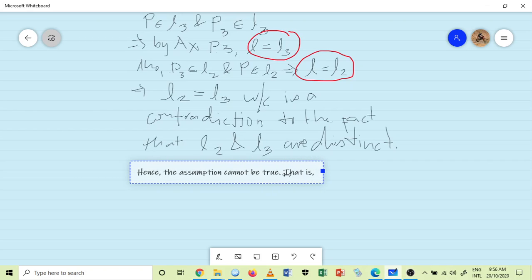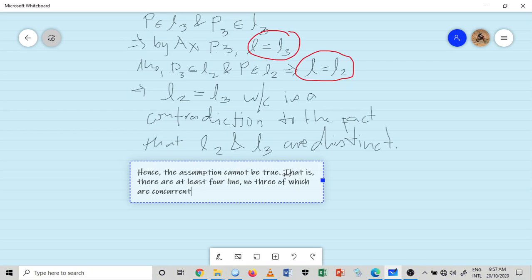That is, there are at least 4 lines, no 3 of which are concurrent. Which proves the dual of axiom P.1.